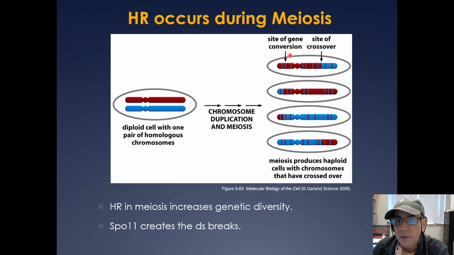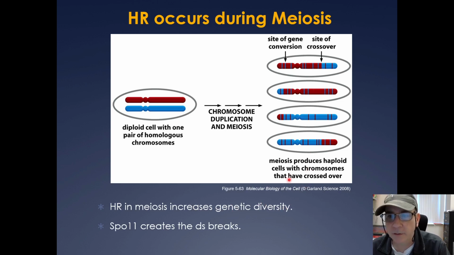During this process, you have sites of gene conversion where homologous recombination produces heteroduplex pieces of DNA as well as crossover events. These two chromosomes can become mixed and matched. For example, your mother has one chromosome from her father and one from her mother, and by the time the germ cells are passed on to you, your grandparents' chromosomes are mixed and matched to become your chromosomes.